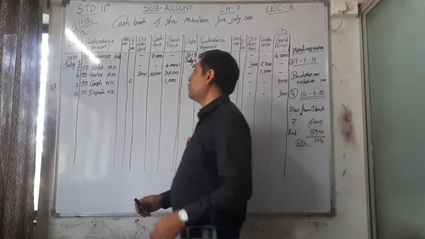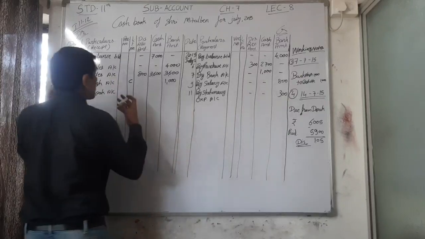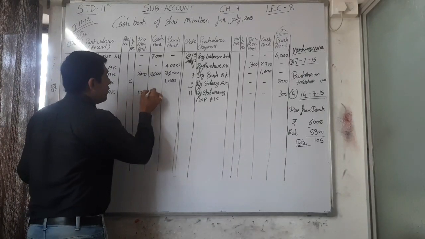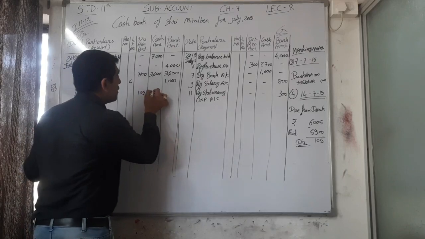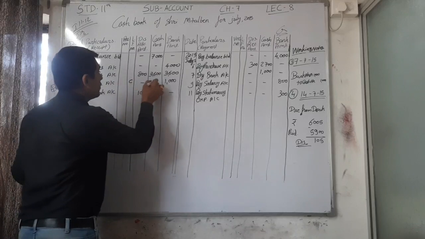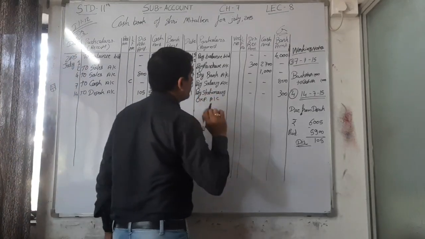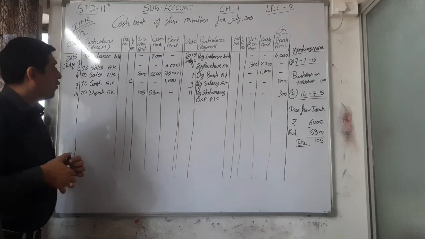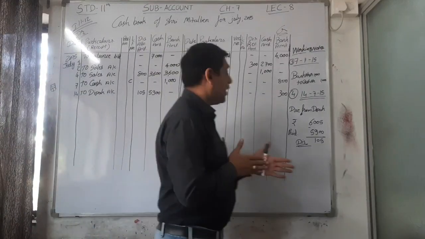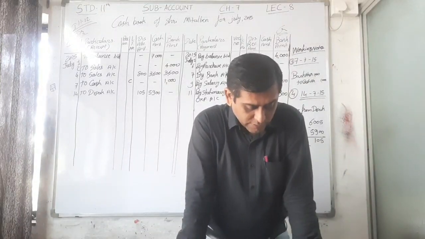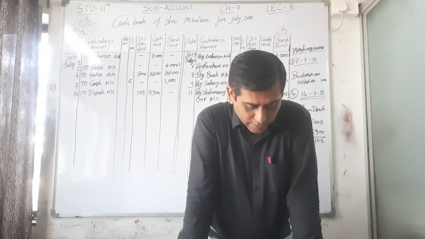Okay, so here in the Deepak account, in the discount column 105, in the cash column 5,900, bank dash. Here, to Deepak account 105 in the discount column and 5,900 in the cash column, because we are receiving the cash from Deepak.